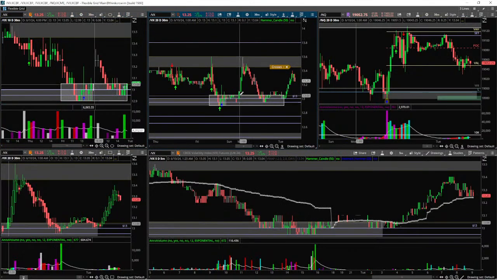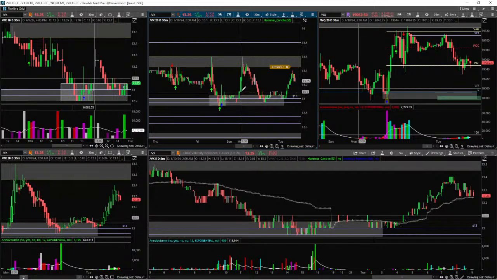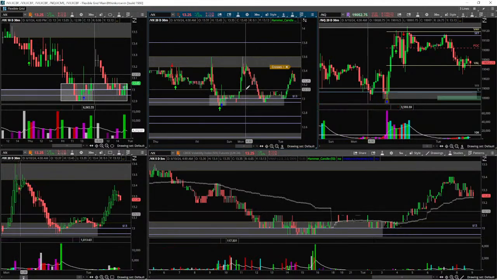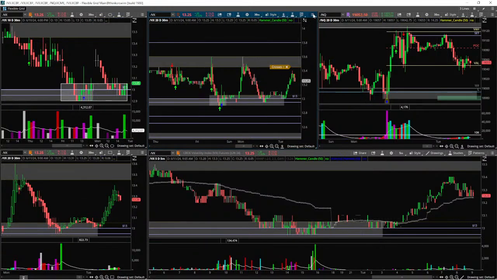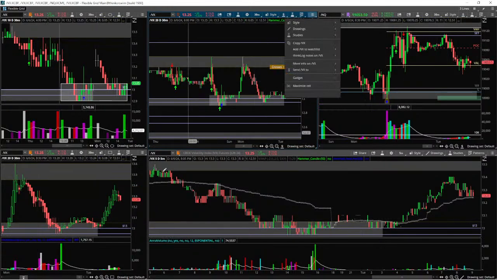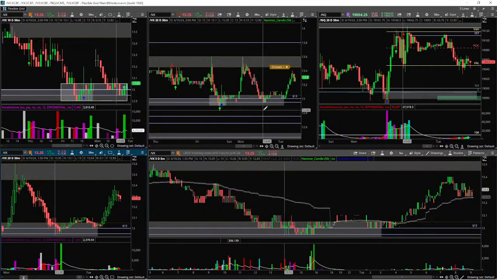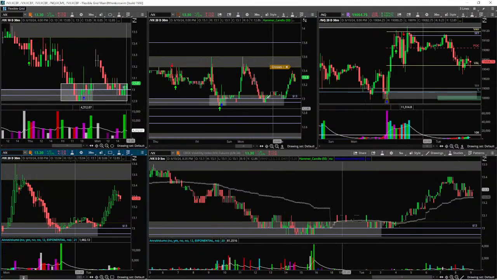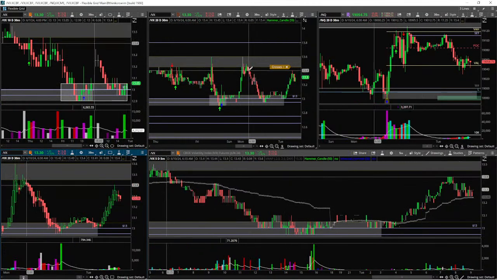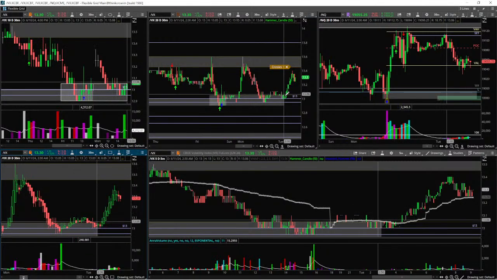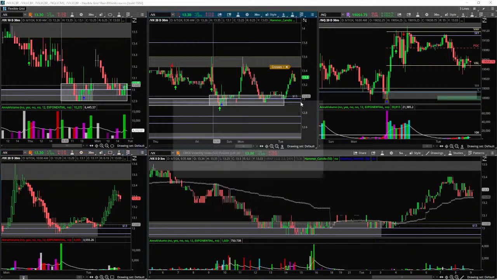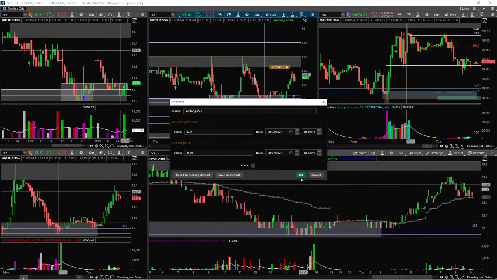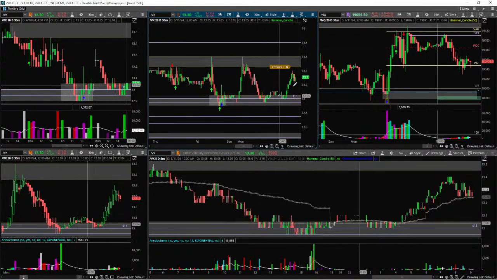VIX is not really looking very clear here. I use that too. VIX is basically in between the price action it was in yesterday as well. I can't really get any clear levels.